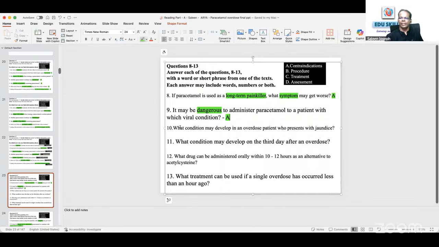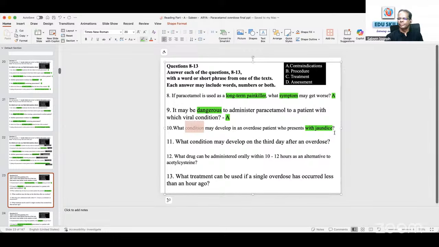Question 10. What condition may develop in an overdose patient who presents with jaundice? They are asking for a condition, right? The answer will be the name of a condition. So which one?